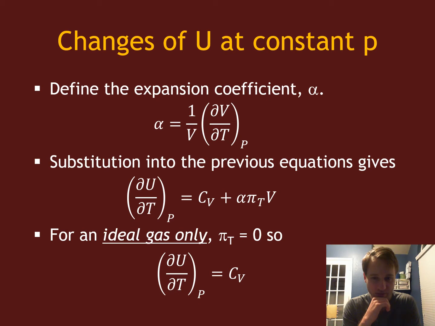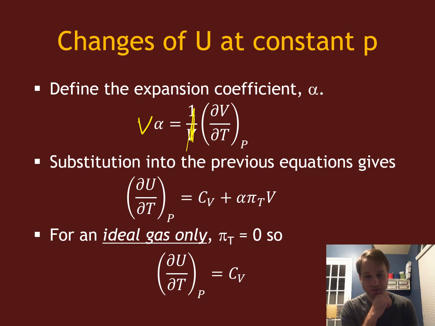And so if we use that expansion coefficient, we can substitute that in, because if I multiply V times alpha, then I'll just get the dV dT at constant pressure. And so V times alpha times pi sub T is that last term.